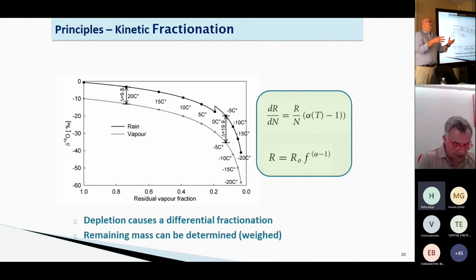So this can be, if you have a calcite that precipitates, how much calcite has precipitated. If it's water that evaporates, how much water has evaporated. If it's a cloud that is raining out, how much water rains out of the cloud. So how much is left.